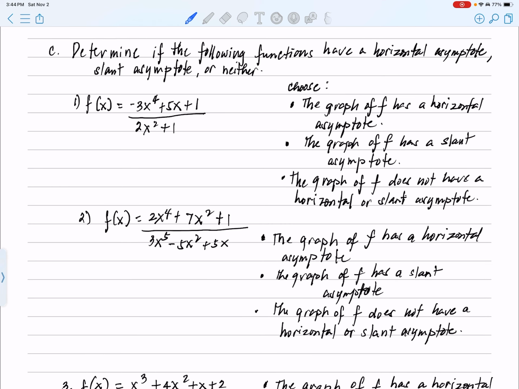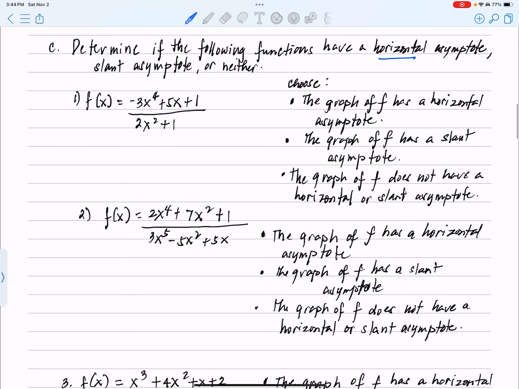Remember, there are 3 cases when we look at the horizontal asymptote: when the degree of the numerator is less than the degree of the denominator, when the degree of the numerator equals the degree of the denominator, or when the degree of the numerator is greater than the degree of the denominator. But for a slant asymptote, the degree of the numerator is 1 more than the degree of the denominator.